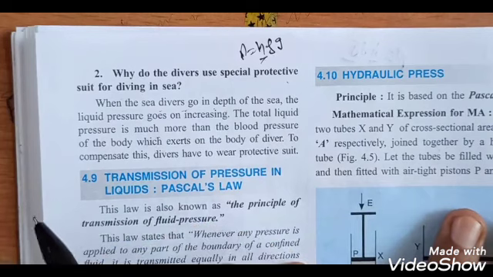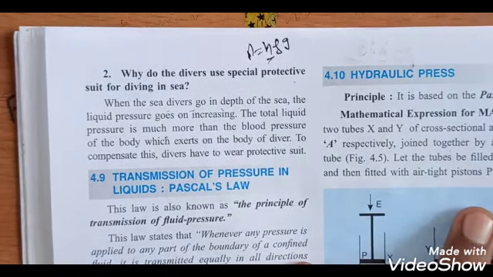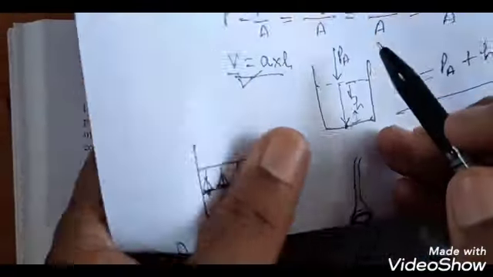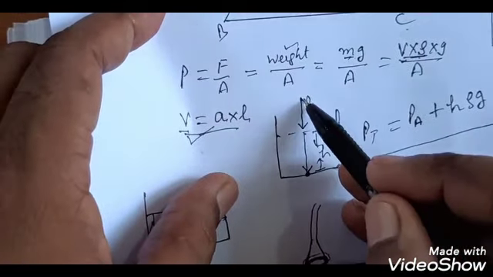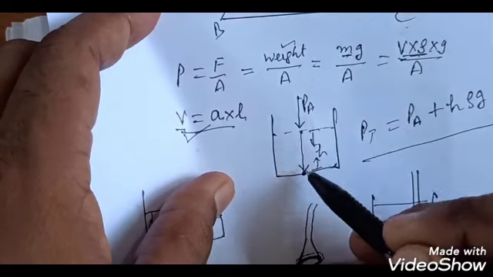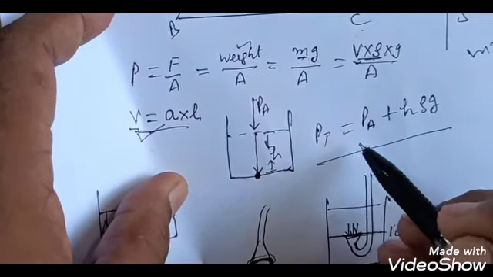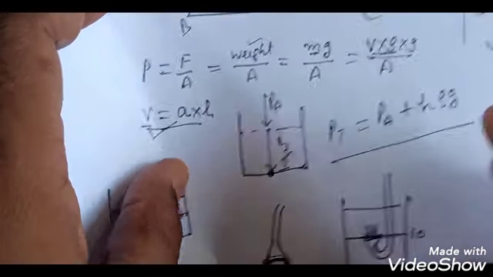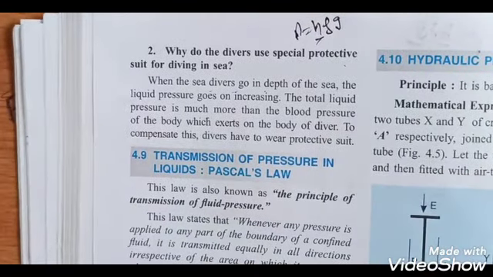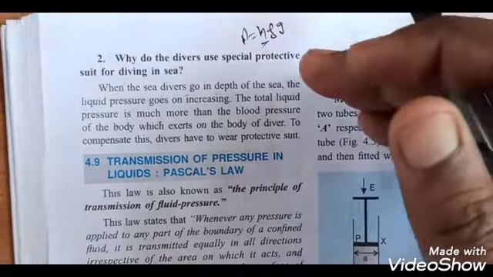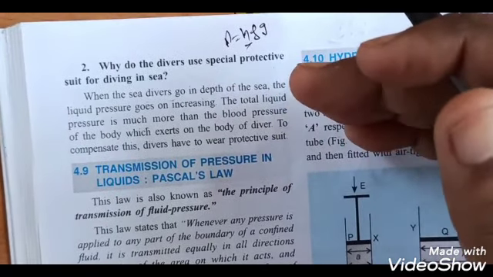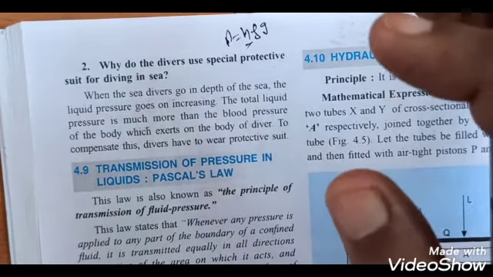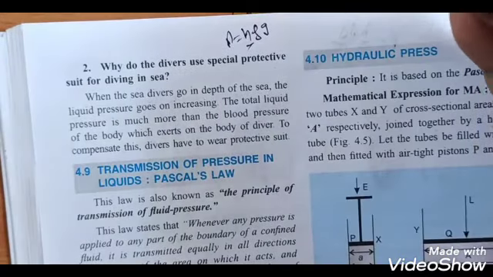But at a greater depth, pressure is equal to what? Pressure due to atmosphere plus pressure due to depth. So at a greater depth, pressure increases, and it becomes very large in comparison to atmospheric pressure.